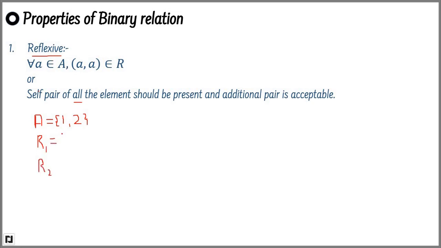The relation R1 contains the pair (1,1). The relation R2 contains the pairs (1,1) and (2,2). So here relation R1 is not reflexive because it does not contain (2,2) and we need a self pair of all the elements. Relation R2 is reflexive here.